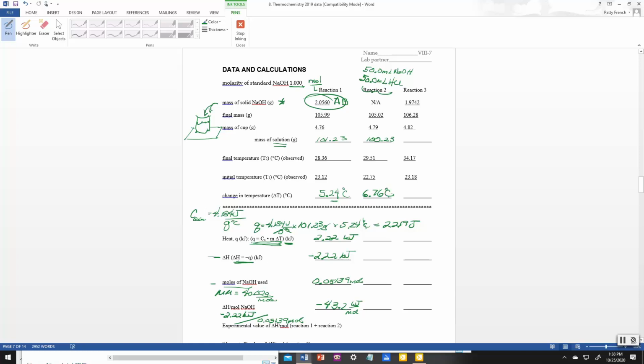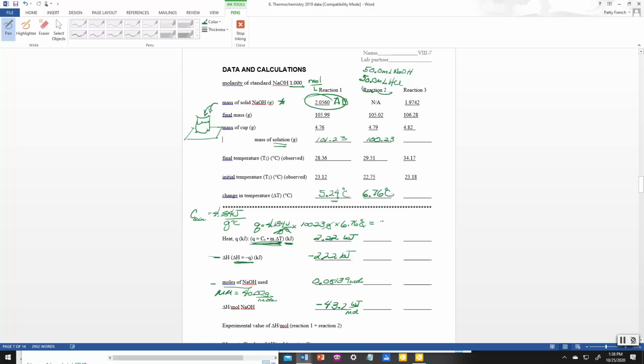6.76 degrees Celsius. So again, we're going to be using our Q equals mc delta T. So we've got our C, our mass of solution, again we're looking at just the solution, is 100.23 grams, grams cancel, and our temperature change for this neutralization reaction was 6.76 degrees C, with our degrees C canceling out.